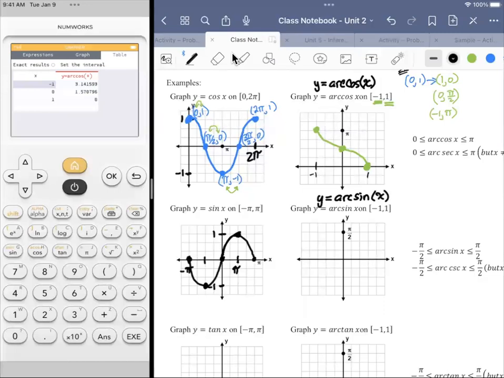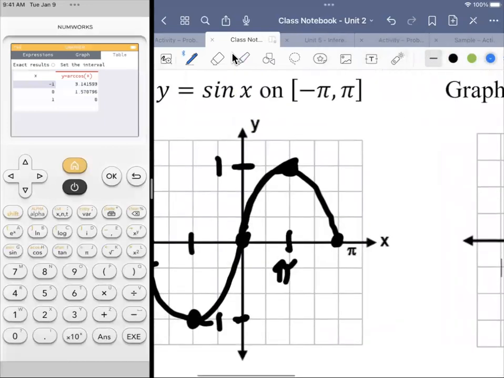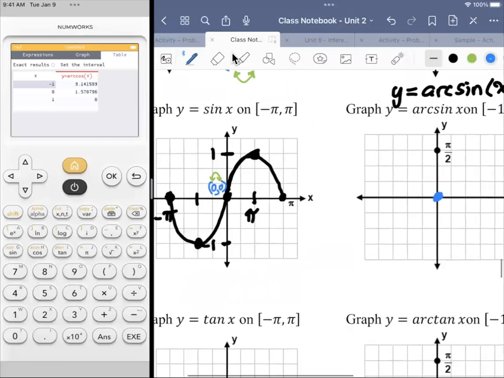Same idea, you just start grabbing some points. I'll start with 0, 0. Even if I swap those values, that's nice and easy. Still 0, 0. Then I'd have pi over 2.